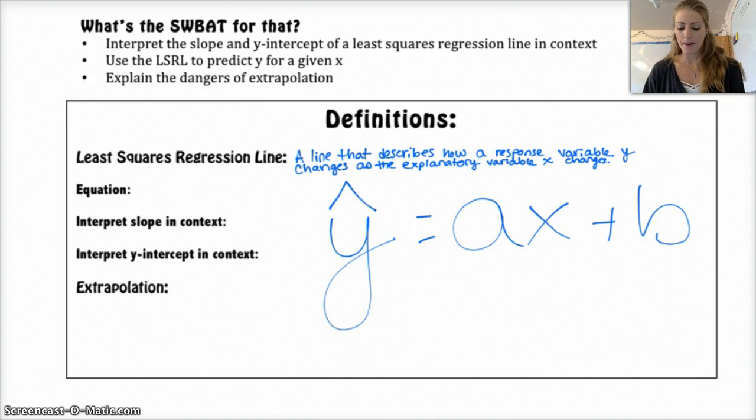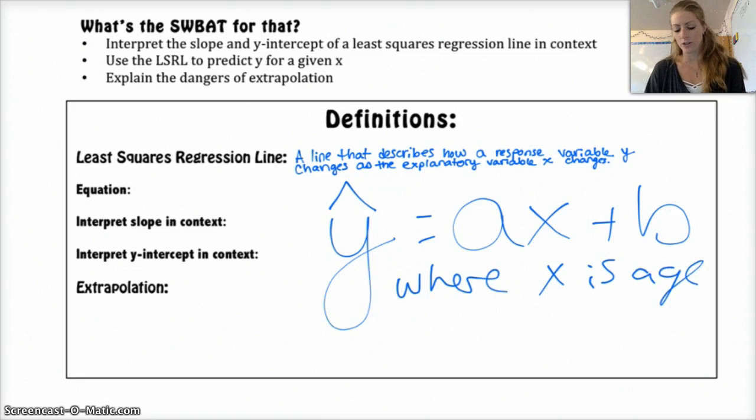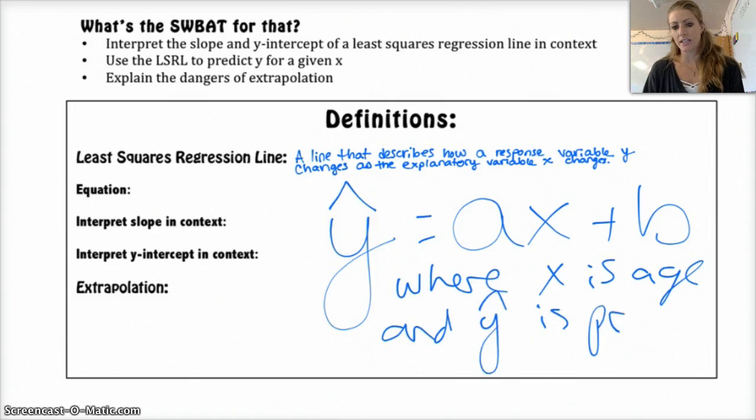When you're describing the equation, you need to say where x is age in years or whatever, and y hat is the predicted or estimated number of children.